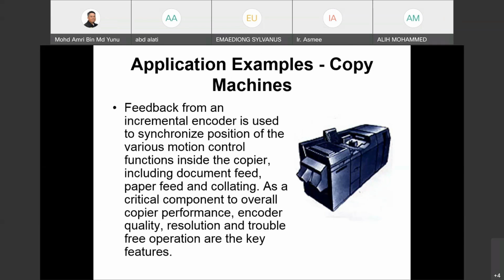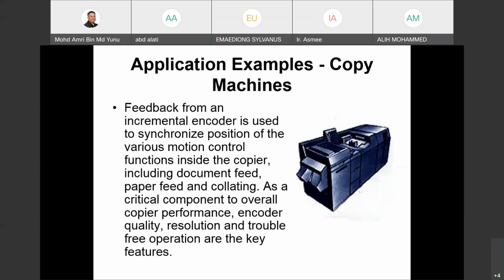And others also in copy machine, you use a feedback to synchronize the position of the various motions inside of the copier, including document feed, paper feed, and collating.